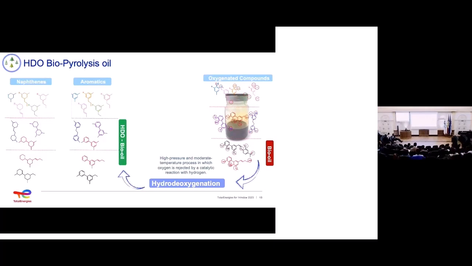The composition is also going to depend on the conditions that we use in the hydrodeoxygenation. However, to check the quality of our biofuel, and whether the hydrodeoxygenation was able to remove all the oxygenated compounds, we need a well-designed analytical approach.